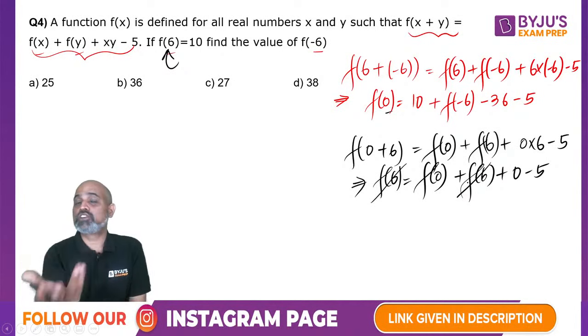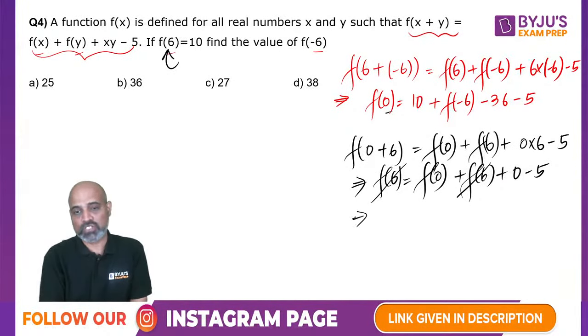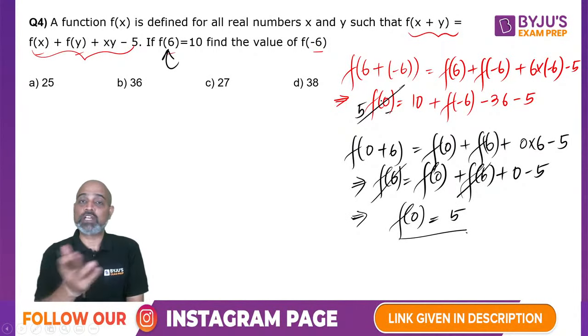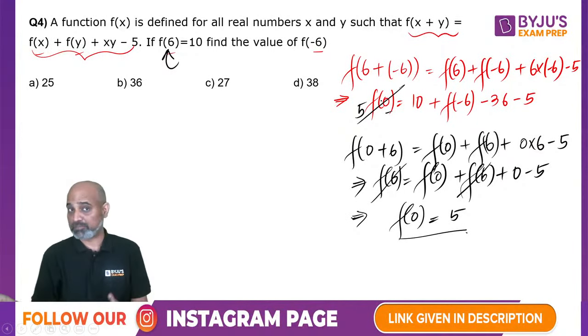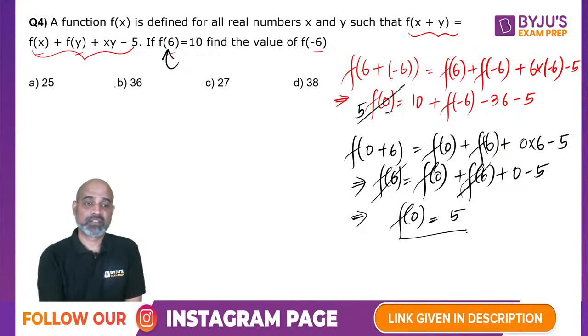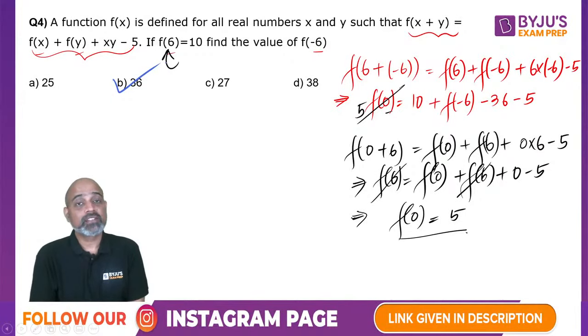So actually instead of 6 you would have taken any other number, then also f of 0 ही निकल कर आता. So you just got what f of 0 is. F of 0 is 5. So once you get f of 0, you will automatically rearrange, you will get what f of minus 6 is going to be, which is B.